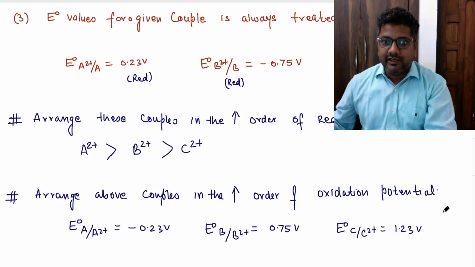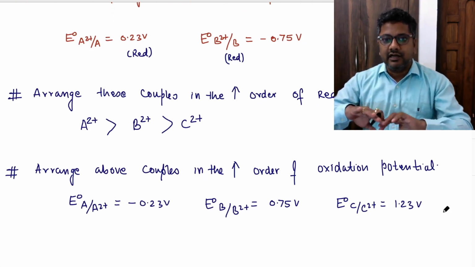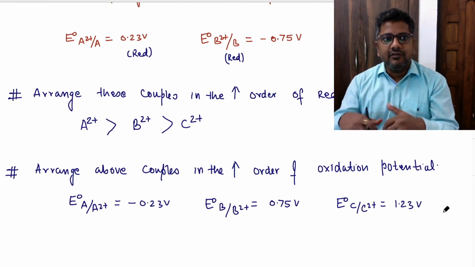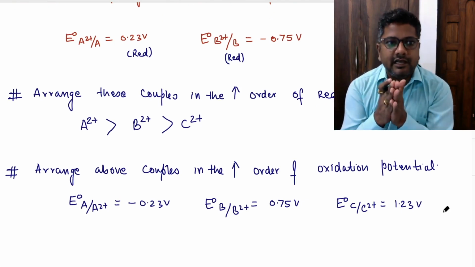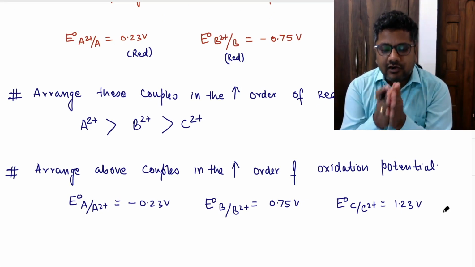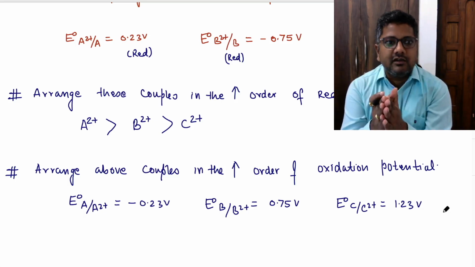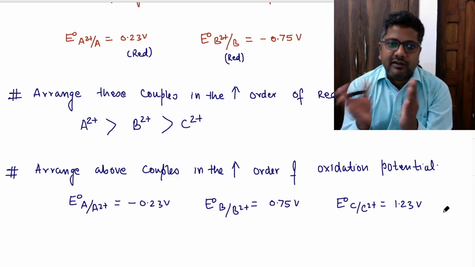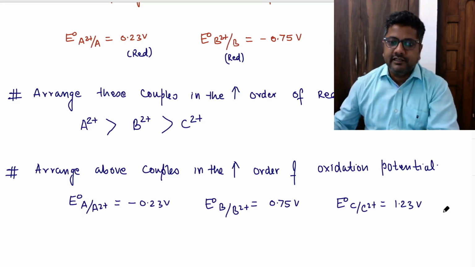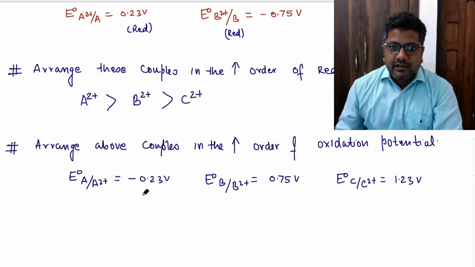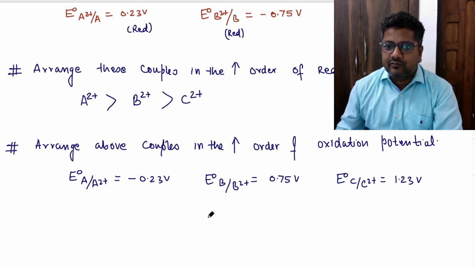So in this way, with the changing couple, the value will change. And already I have told you that the standard oxidation and reduction potential for any given couple is equal in magnitude but opposite in sign, right? Now this is minus 0.23, this is plus 0.75, this is 1.23.